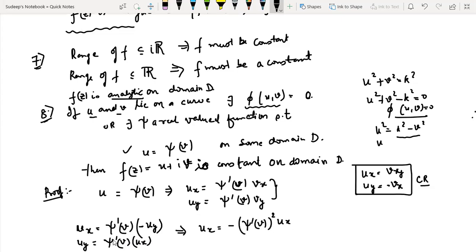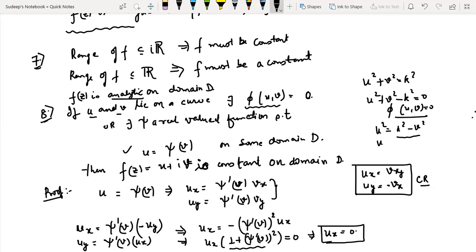It implies ux into 1 plus psi dash v whole square is equal to 0. I know that this cannot be 0. It implies ux is simply 0.